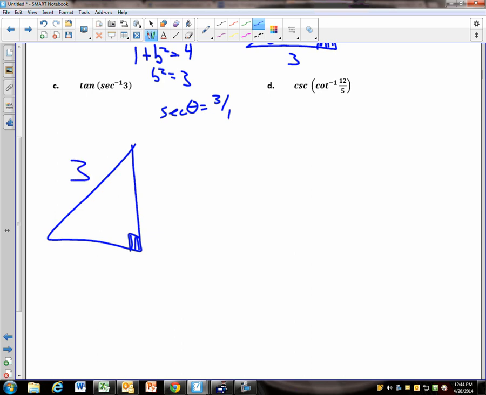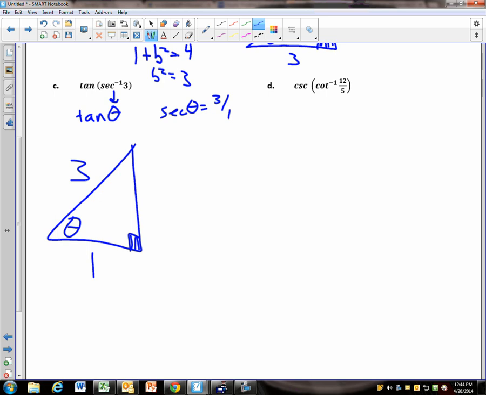Adjacent is 1. If you inverse secant, you come up with an angle. So instead of tangent of secant inverse, I just have tangent of that angle. Can you figure out tangent of that angle? What is tangent?